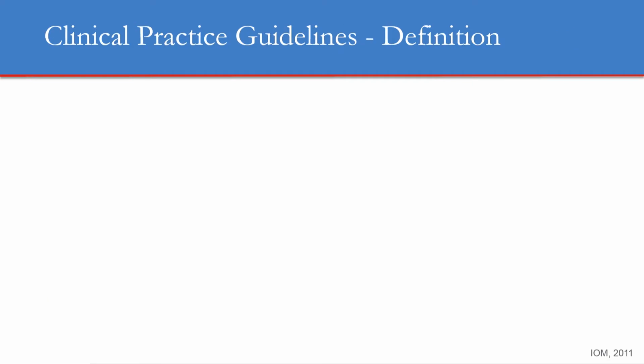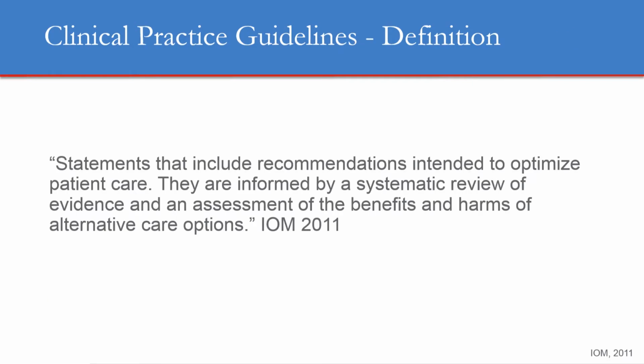In 2011, the Institute of Medicine defined clinical practice guidelines as statements that include recommendations intended to optimize patient care. They are informed by a systematic review of evidence and an assessment of the benefits and harms of alternative care options.